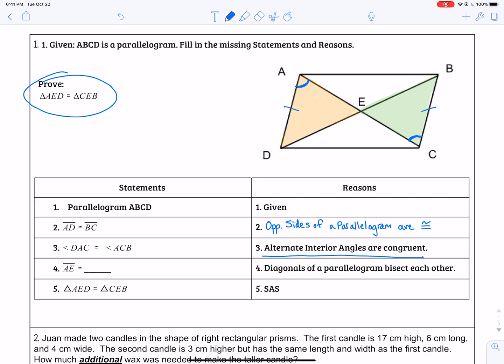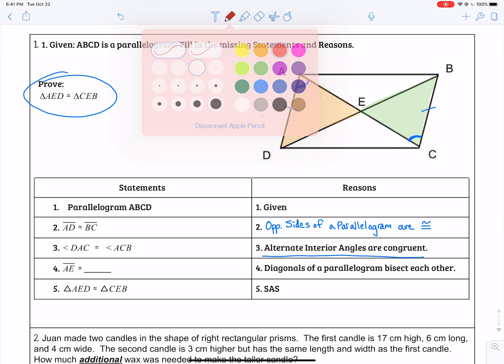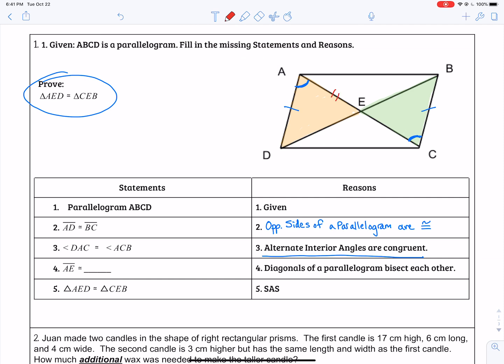And then it says AE is congruent to what? And so let's check it out. AE in the figure is congruent to, and that would have to be EC. And the reason is diagonals of a parallelogram bisect each other. And then the final statement says triangle AED is indeed congruent to triangle CEB because of side, angle, side.